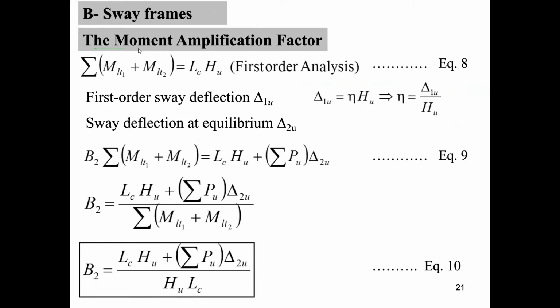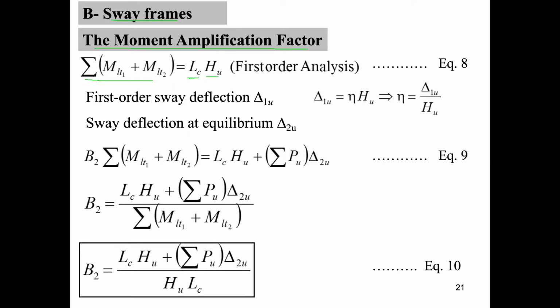Now let's jump into the moment amplification factor for sway frames. From first-order analysis, we have proven that the sum of the column moments in a sway frame is equal to the height of the frame, Lc, times the applied lateral load, Hu. Does this equation ring a bell?